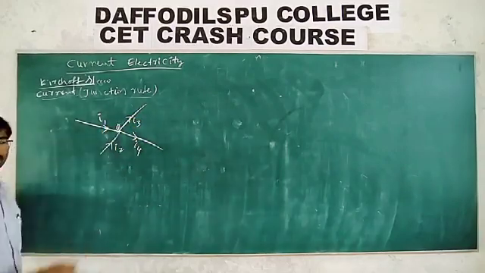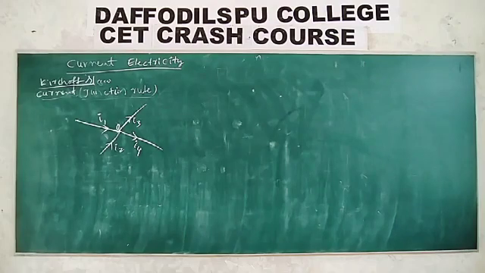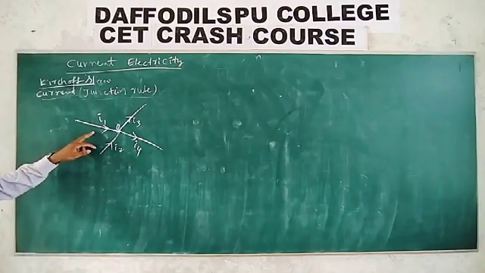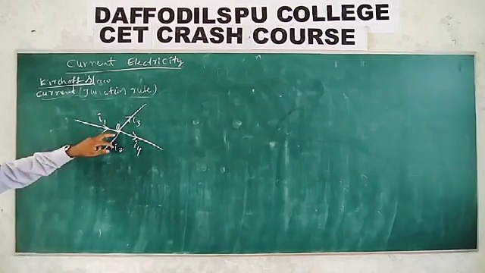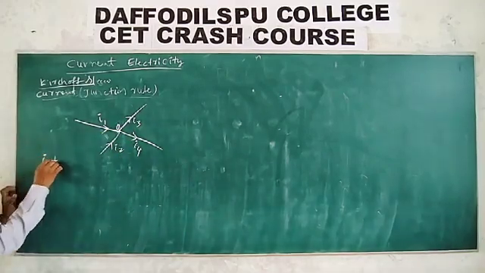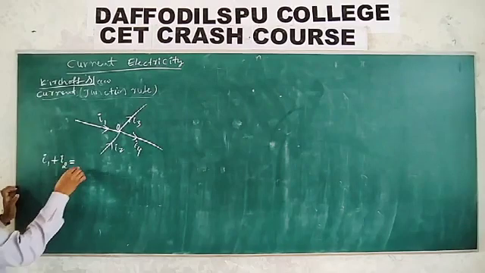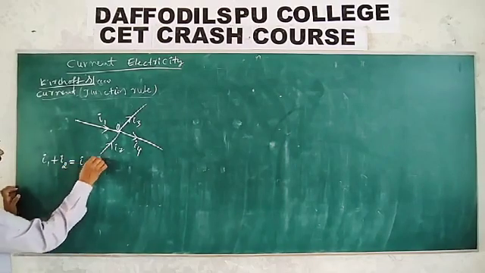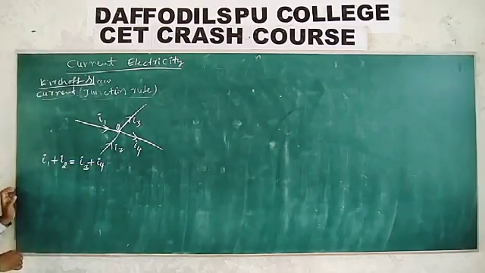If I1 and I2 are entering this junction, and I3 and I4 are leaving, then you can write I1 plus I2 is equal to I3 plus I4.